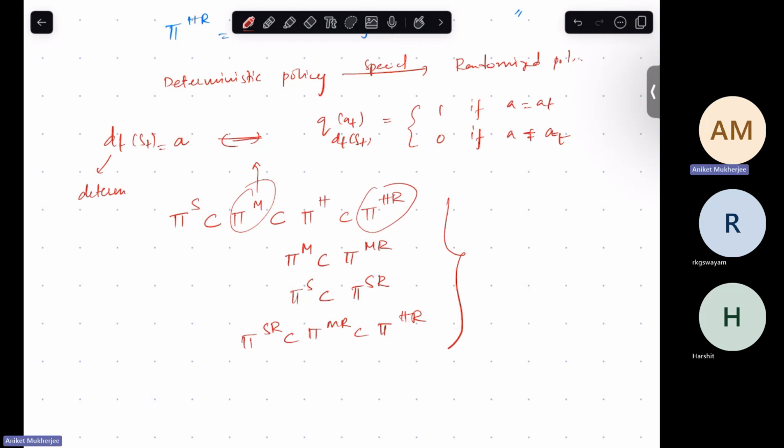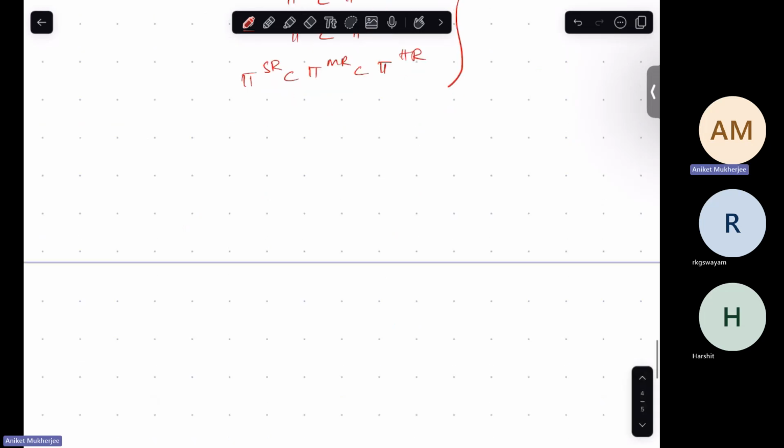So today's class, I'll end with giving a very small example of an MDP.